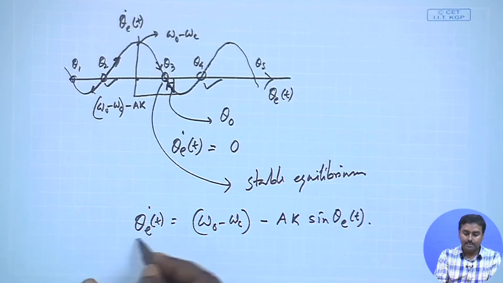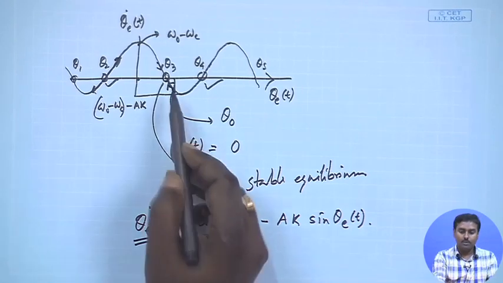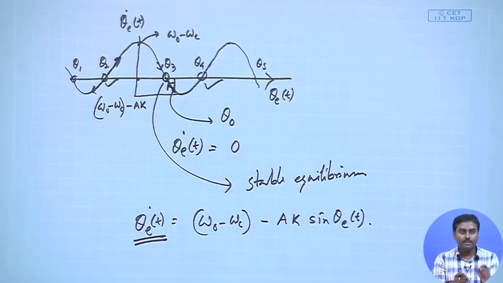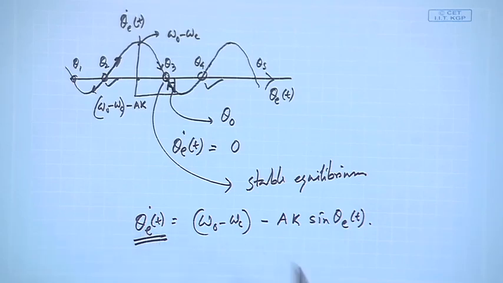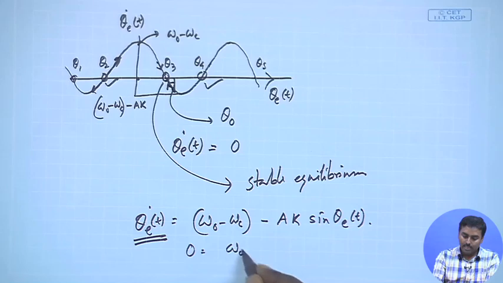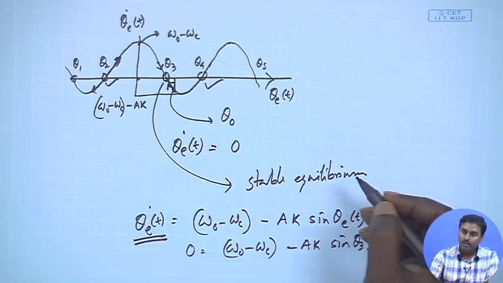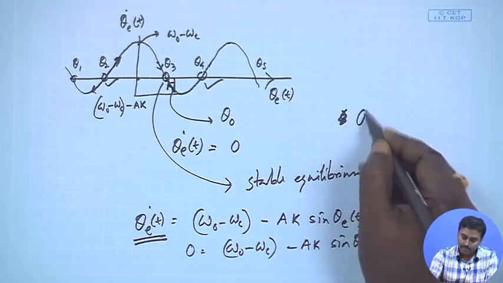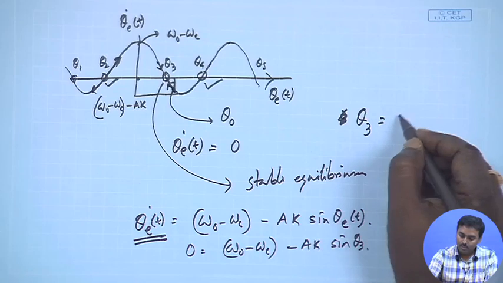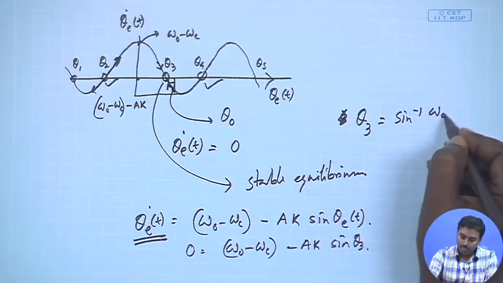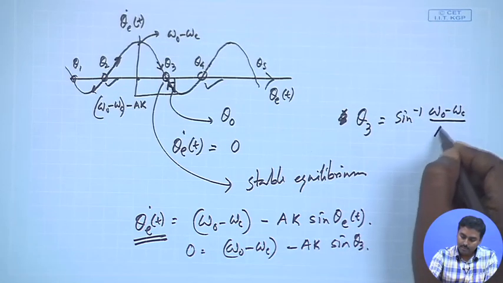At theta 3 this must be 0, that is what we are seeing, that at theta 3 it is an equilibrium, that means the derivative must be 0. So 0 is equal to omega 0 minus omega c minus a k sin theta 3, or I can write theta 3 is equal to sin inverse of omega 0 minus omega c divided by a k.